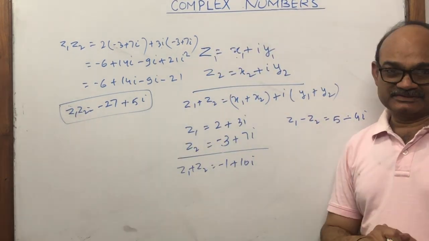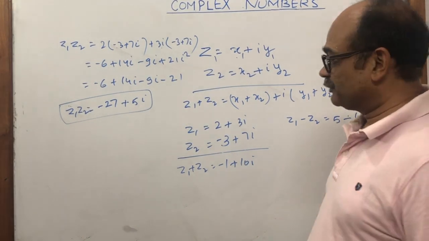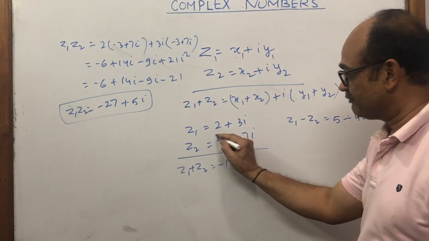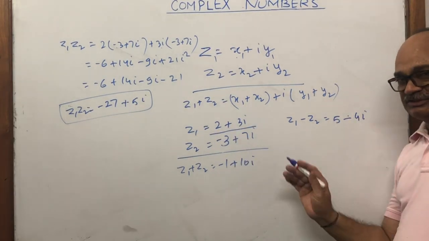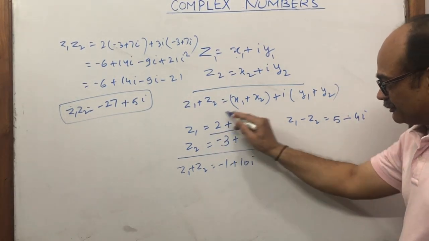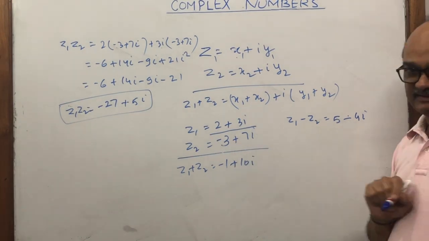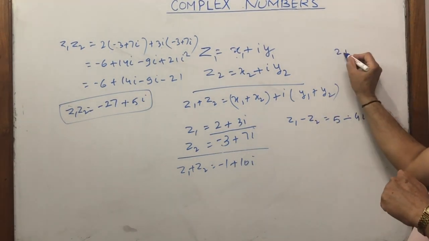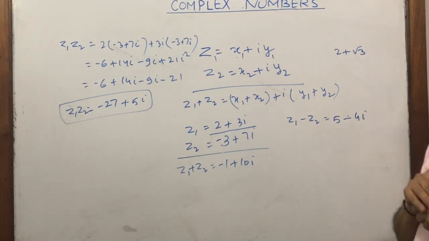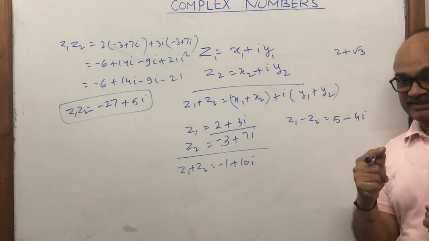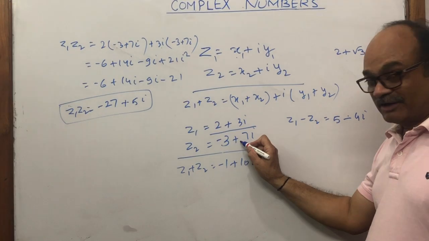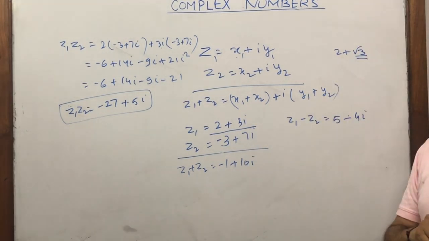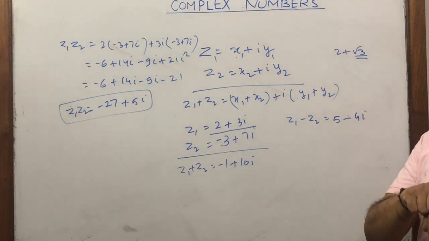Suppose I want to calculate the division of z1 and z2. It means I want to divide these two. Then a small change: division means you have to rationalize it. In lower classes, in rationalization, what do we say? For 2 plus root 3, what is the rationalizing factor? 2 minus root 3. Here you have to multiply by the conjugate: change the sign of the imaginary quantity.